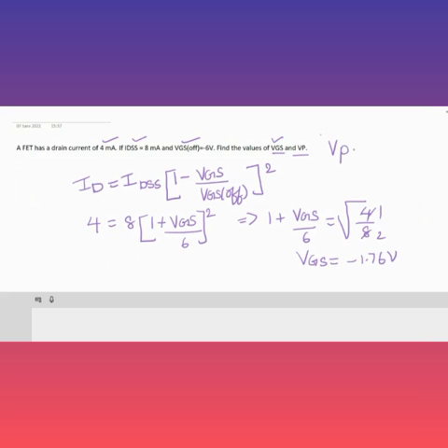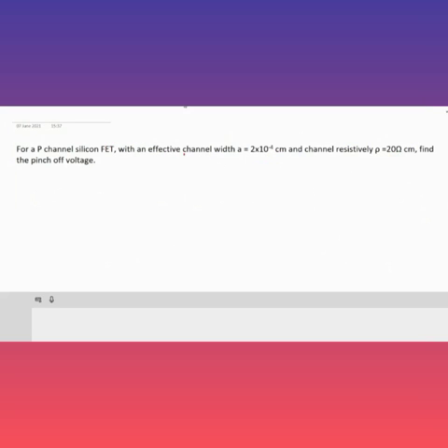To find my VP, it is nothing but VP equal to modulus of VGS off. So my VGS off is minus 6. It is in modulus, which means my VP will be equal to 6 volt. Now they've asked us here to find VGS and VP. We have found it. Now we'll move on to the next sum.